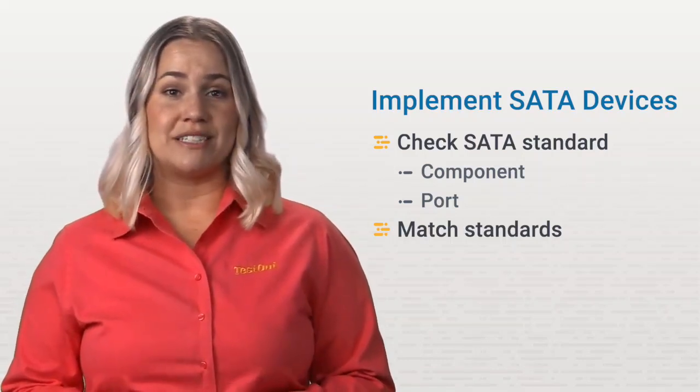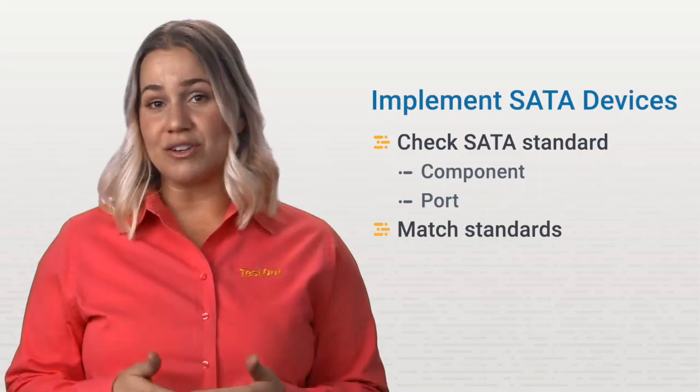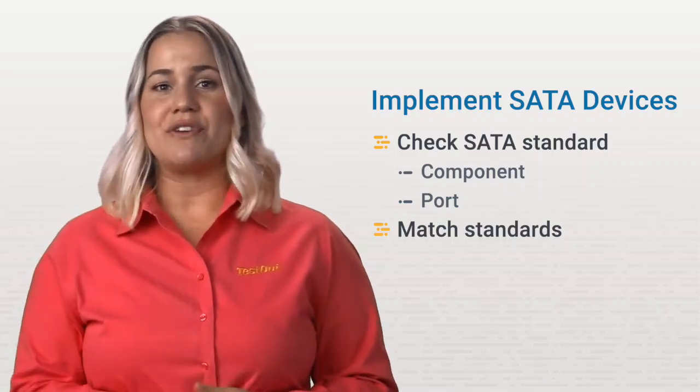Then you need to determine the standard for the interface that's installed on the system. The two interfaces have to be compatible. For example, a SATA hard disk drive that uses a 3 gigabits per second SATA standard has to connect to an interface that can transfer data at least 3 gigabits per second. If you mismatch standards, the component will still work, but the connection speed is going to be reduced to the speed of the slowest component.